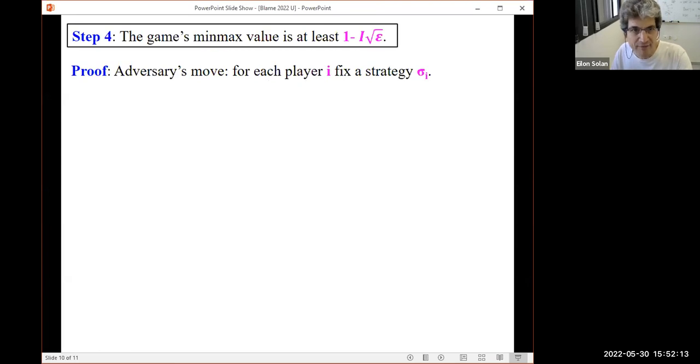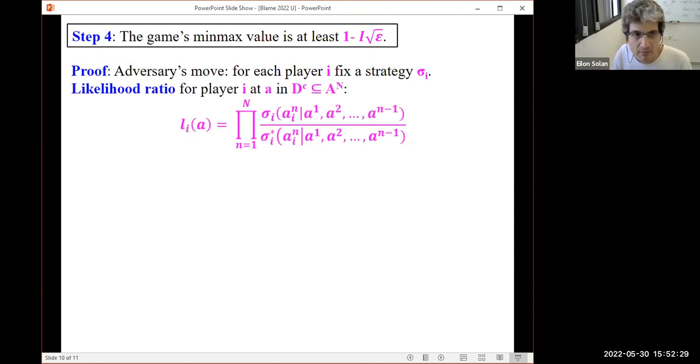Now for each player I, we have the deviating strategy sigma I and the honest strategy sigma star I. So we can calculate the likelihood ratio. For each player I we calculate the likelihood ratio of his or her actions given the honest strategy sigma star, and given the deviating strategy.